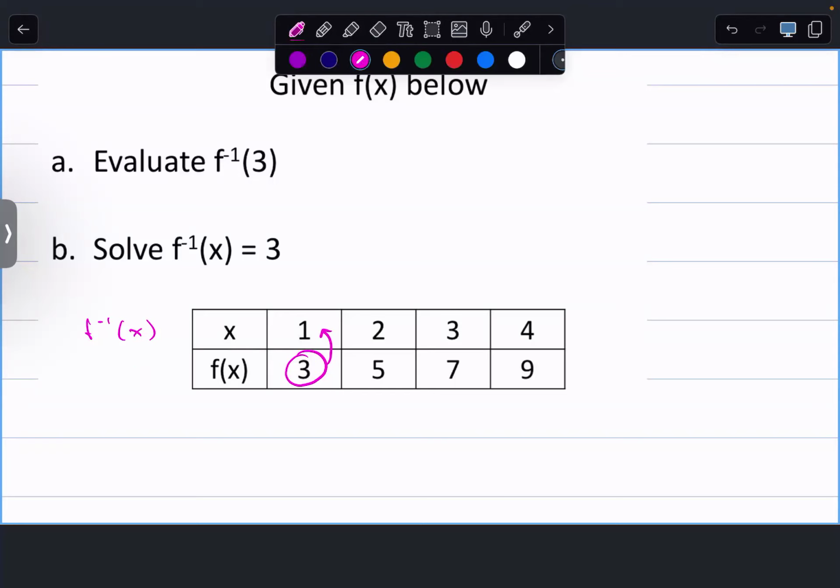Or if you prefer, using different variables, you can, right? f of x is y, but y is now the input of the inverse function. So now if you have to evaluate the inverse at 3, 3 is the input, the output is 1.